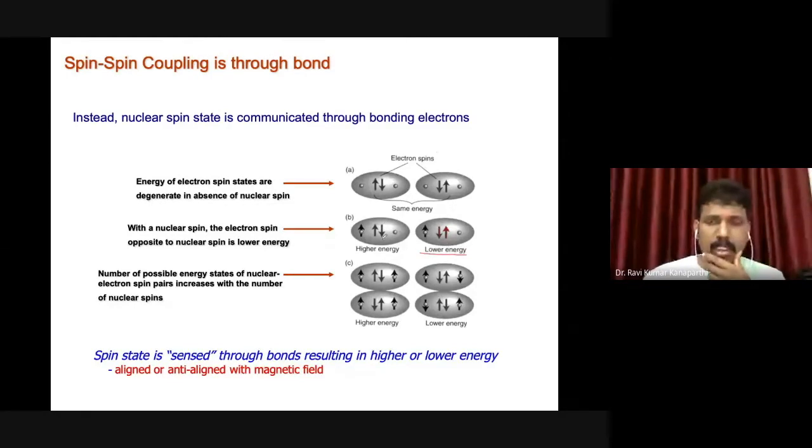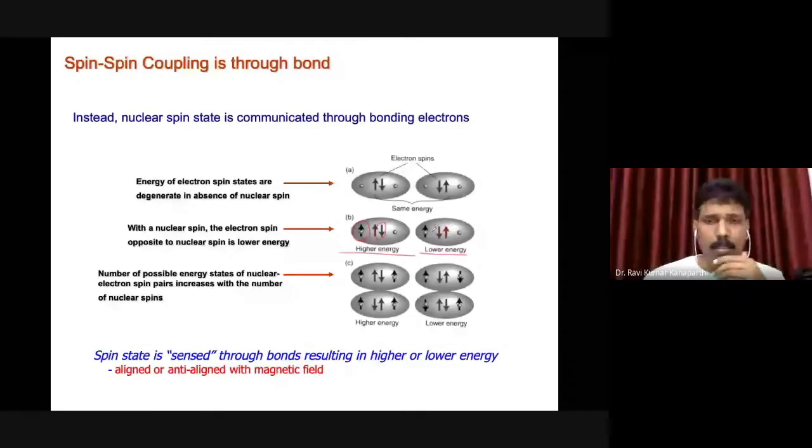As you can see here, the spin of the nucleus with regard to this electron is opposite. Therefore, this energy state will be higher in energy. In the other case, the electron spin and the nuclear spin are parallel. Therefore, it is lower in energy.